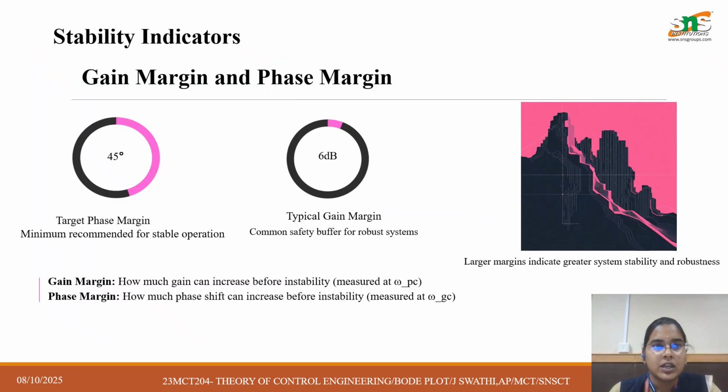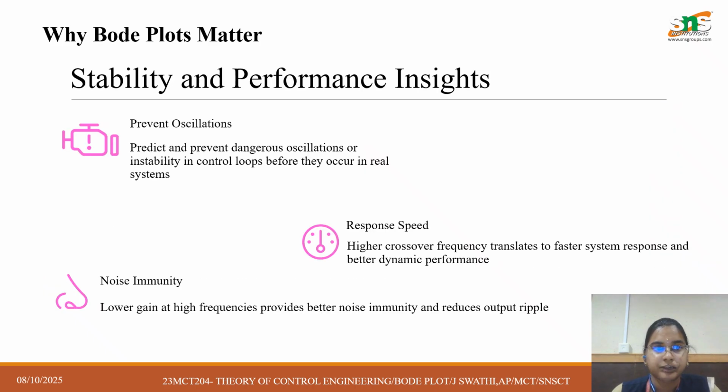Next, coming to the stability indicators, we have discussed gain margin and phase margin. In gain margin we can analyze how much gain can increase before instability, and in phase margin how much phase shift can increase before instability. Here you can see the gain and phase margin represented in decibels and degrees.